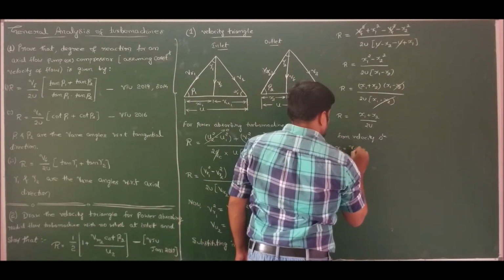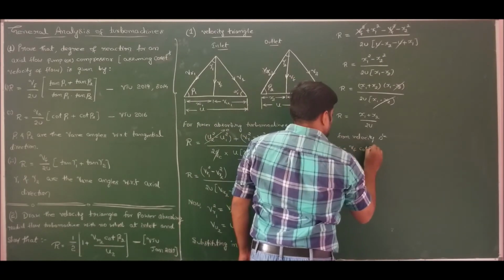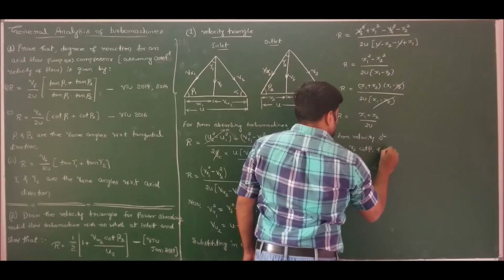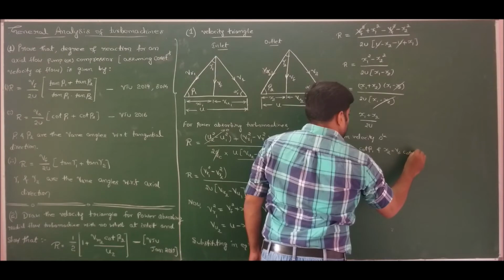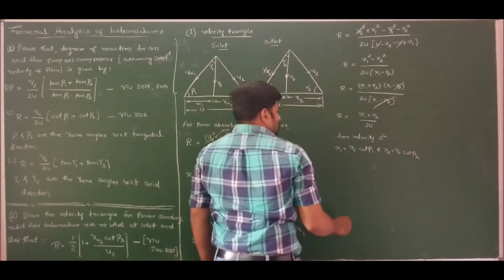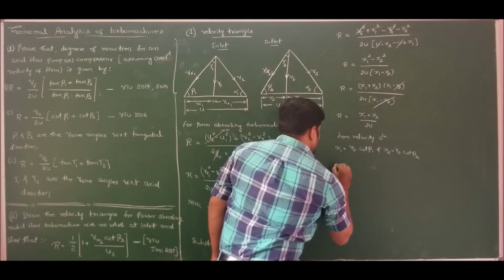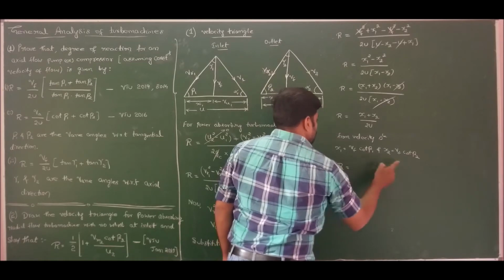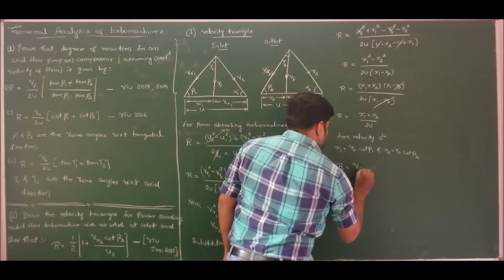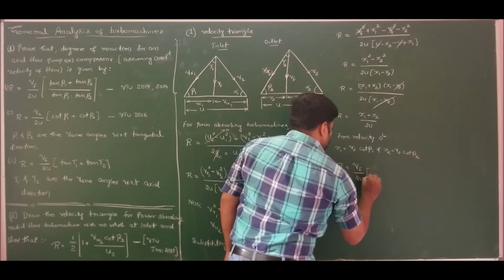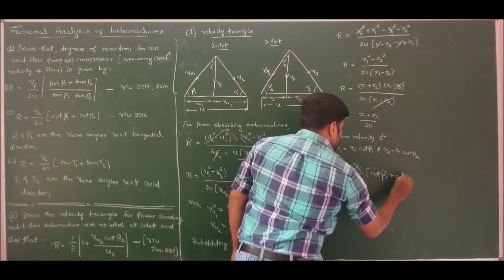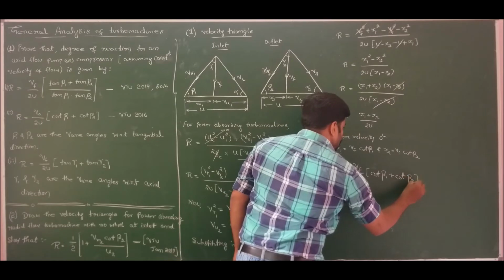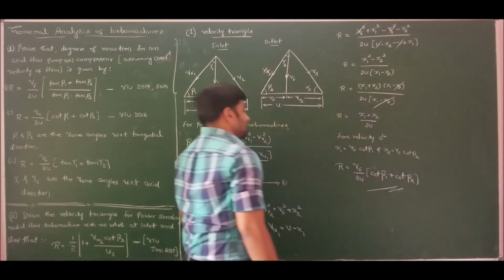Substituting into the above equation and taking VF common, I will get R is equal to VF by 2u times cot beta 1 plus cot beta 2. Hence proved.